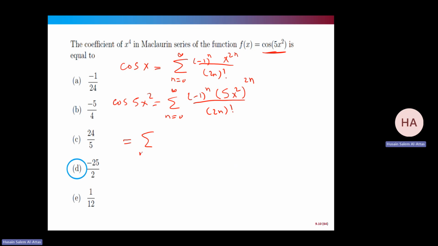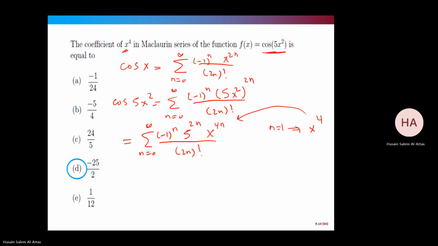And that is summation n equals 0 to infinity, minus 1 to the power n, 5 to the power 2n, x to the power 4n over 2n factorial. Notice one thing: n equals 1 gives me x to the power 4.